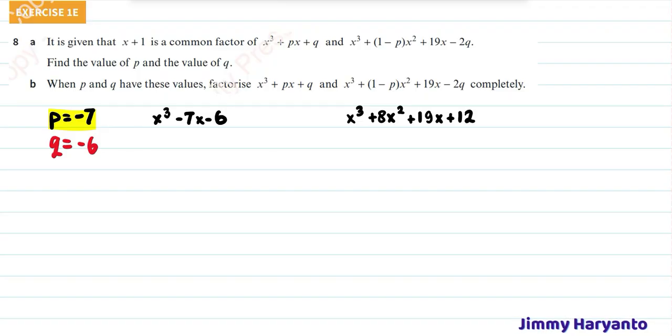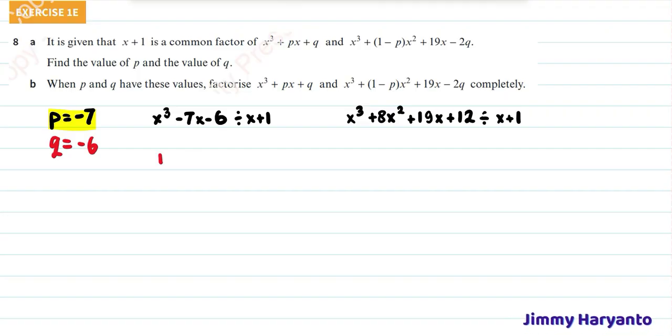The factor is already given in the question, which is x plus 1. That means we have to divide this with x plus 1, and also divide this with x plus 1. Remember, if you want to factorize polynomials, you have to divide it by one of the factors.